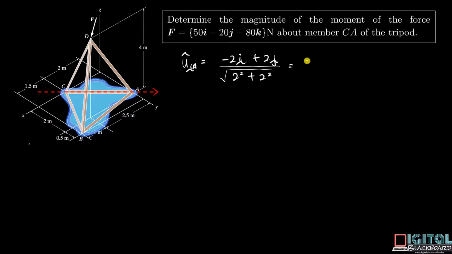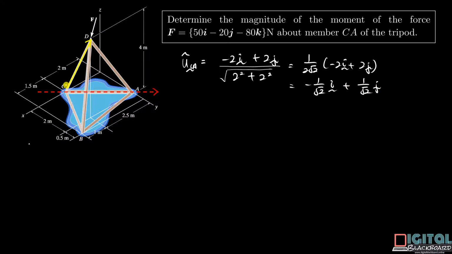This gives you 1 over 2 square root 2 times minus 2i plus 2j, which is just minus 1 over square root 2 i plus 1 over square root 2 j.